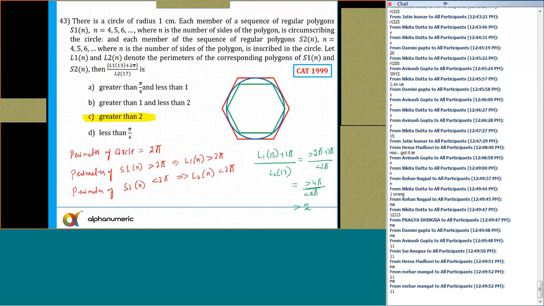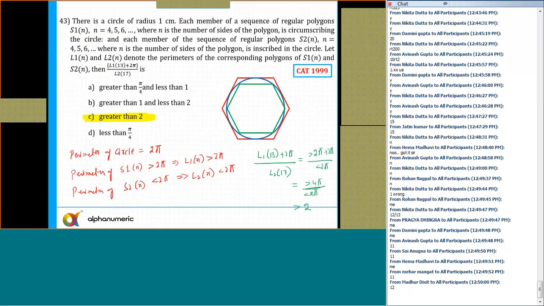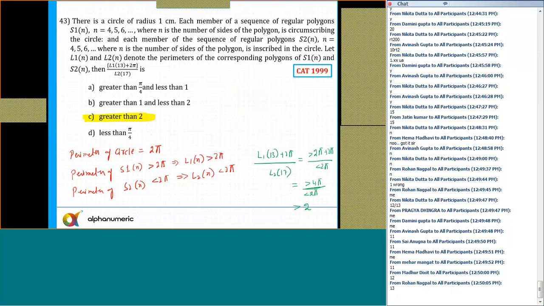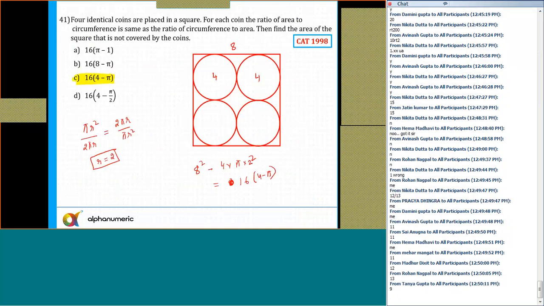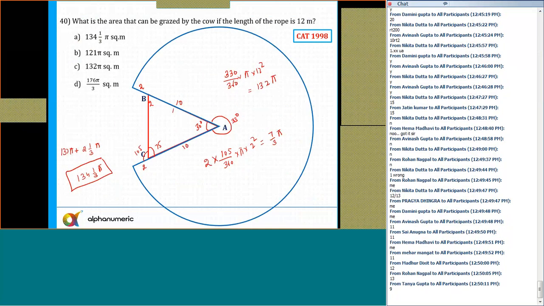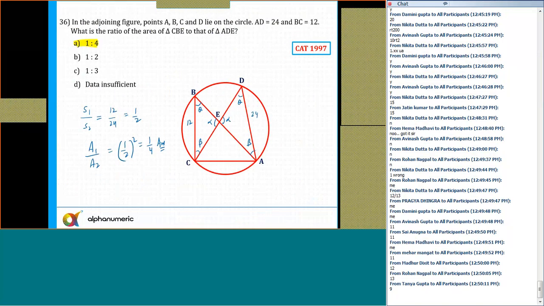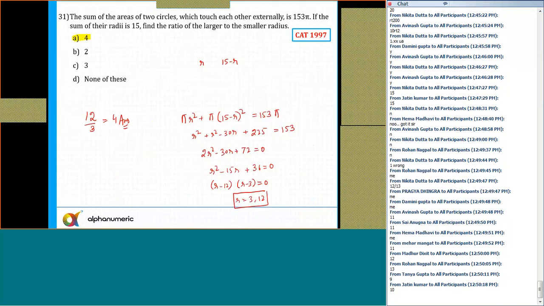Probably I'll prefer leaving these. 43, I'll prefer leaving this. In the first round, initially I'll not attempt, because the moment I start reading, it seems to be difficult. So these three questions I'll not advise to attempt. This type of questions can be doable. Rest of them are easy, isn't it?